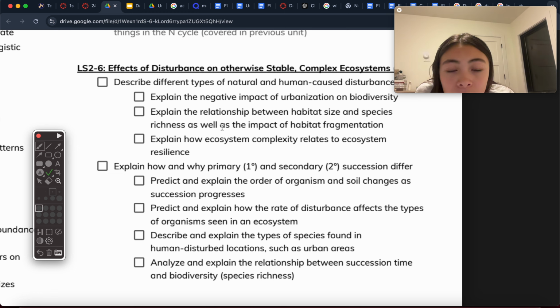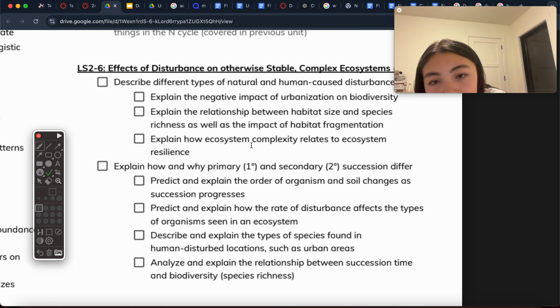Explain how ecosystem complexity relates to ecosystem resilience. Okay, so ecosystem complexity, resistance. I don't like how that's phrased. I do understand it, I think though.